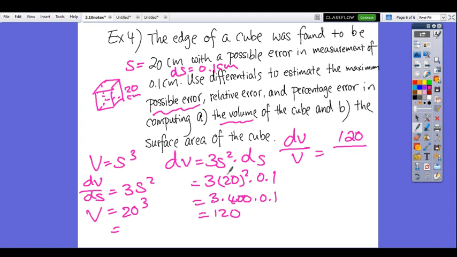So 20 cubed is 400 times 20, which is 8,000. So the relative error is 120 over 8,000, reduced. The 0 cancels, so 12 over 800, divided by 4 gives 3 over 200.